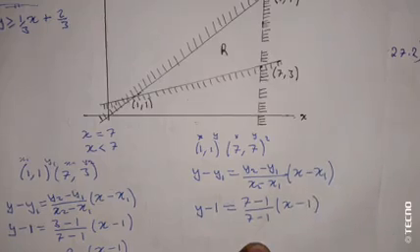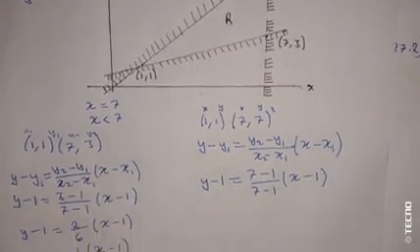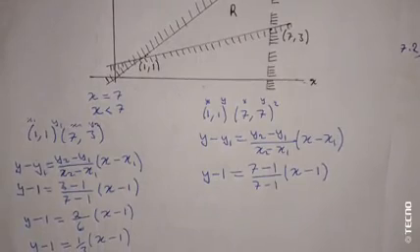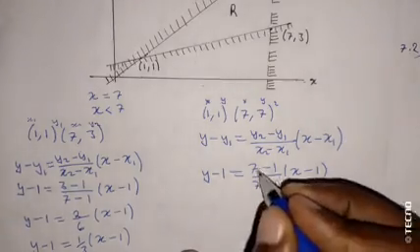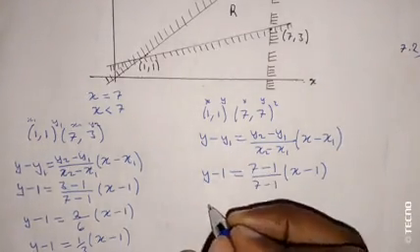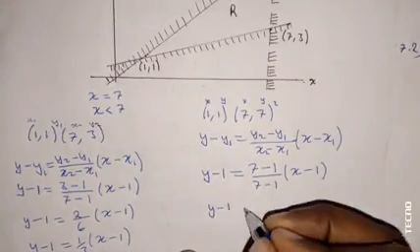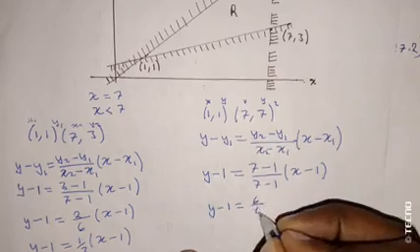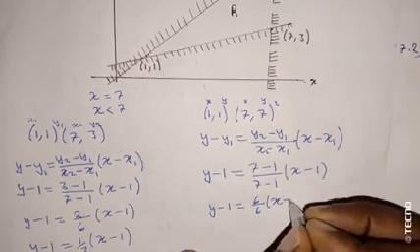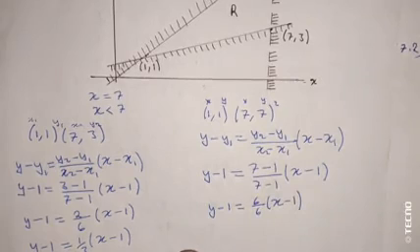So we have y minus 1 is equal to 6 over 6, open bracket, x minus 1.